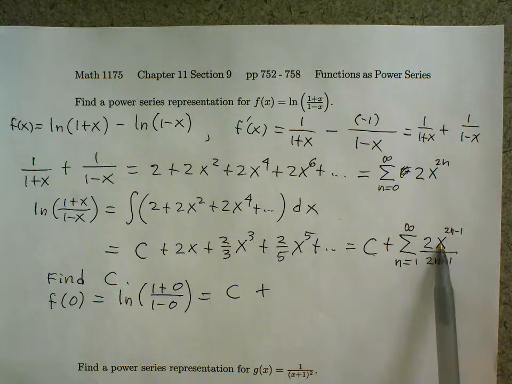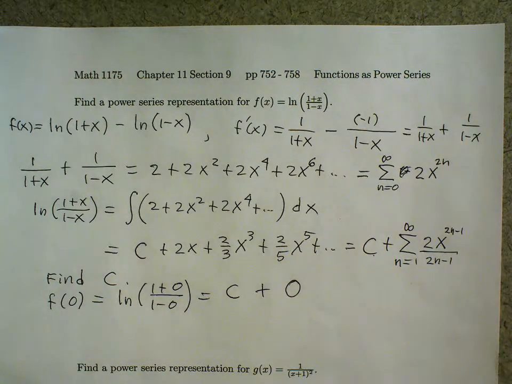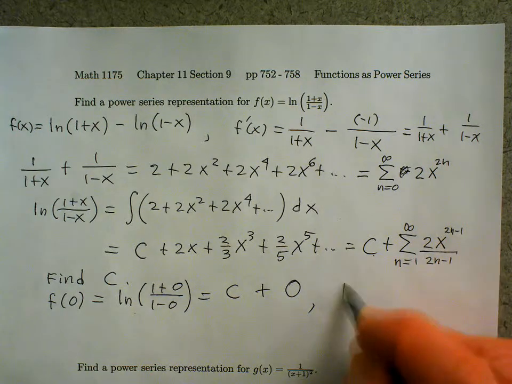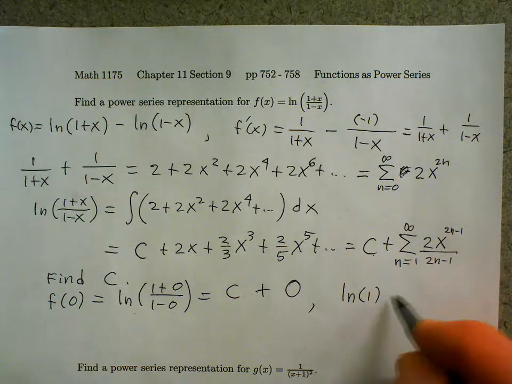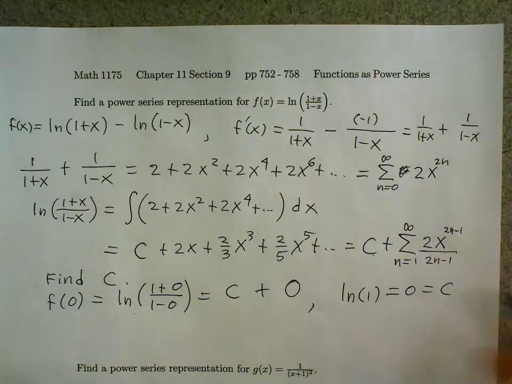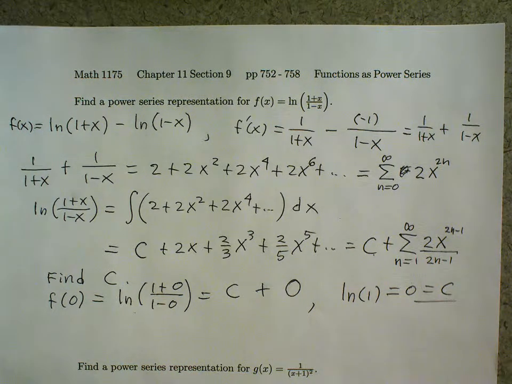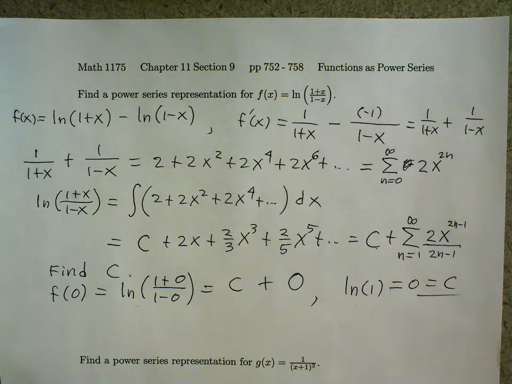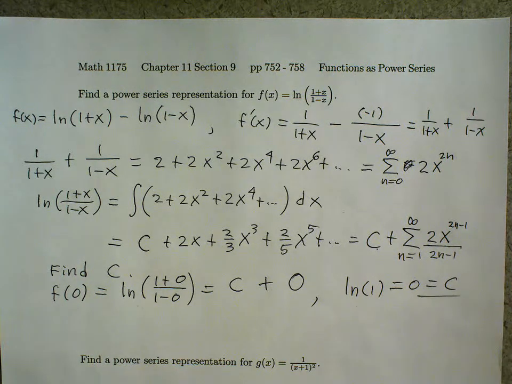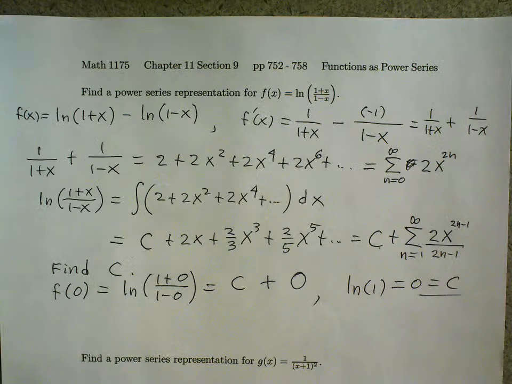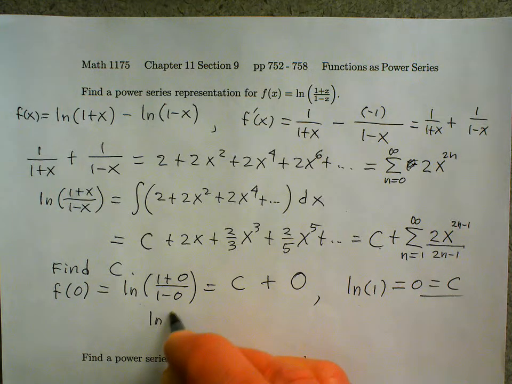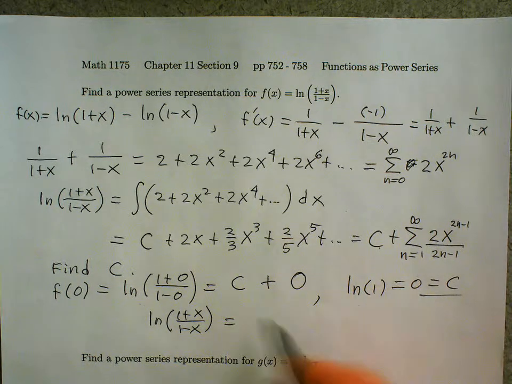But if x is 0, the series is 0. And here we just get the natural log of 1. We know the natural log of 1 is 0, so the value of c is 0. So we can say that the natural log of 1 plus x over 1 minus x is this series.